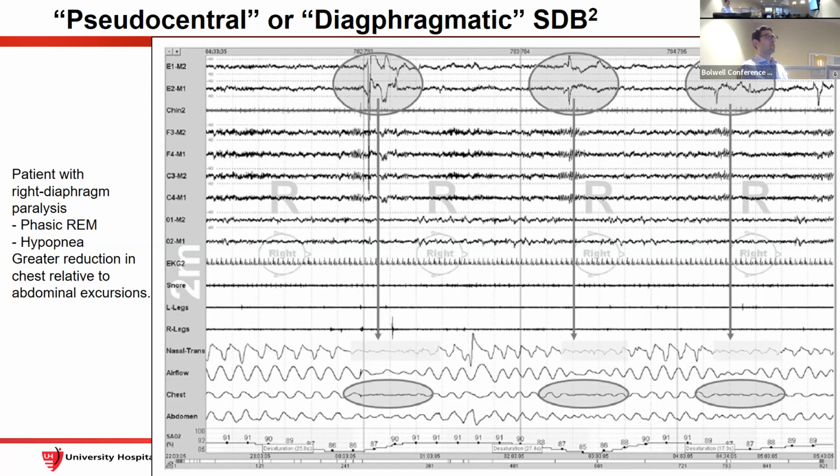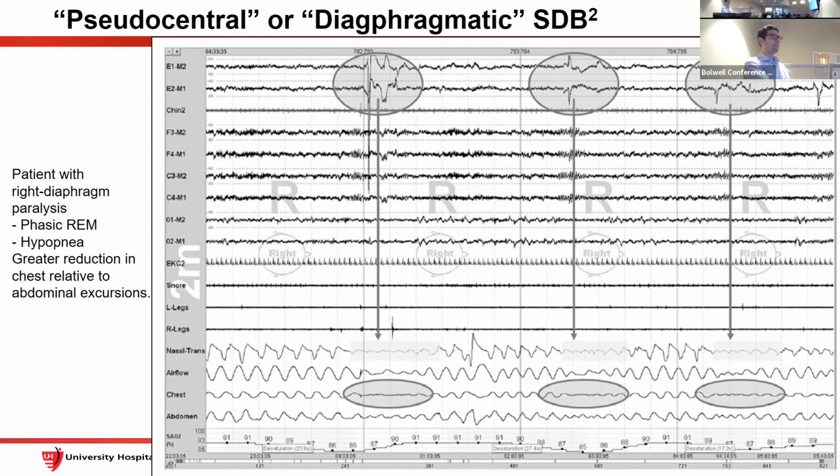That's really what you're trying to look for. There were articles in the 80s when you could do that easily, showing that something like 40% of all things that were called central were really obstructed. You could see little transdiaphragmatic pressure, which means that there is some force being produced.